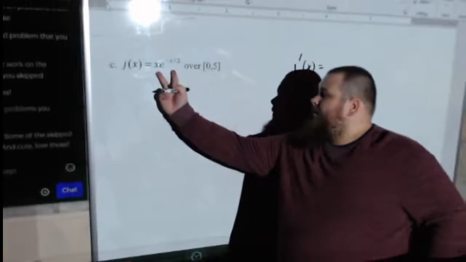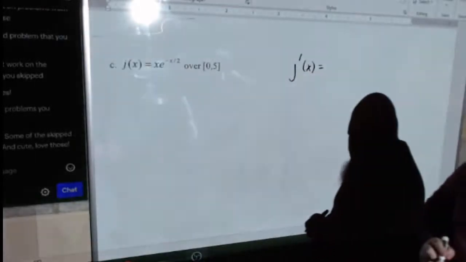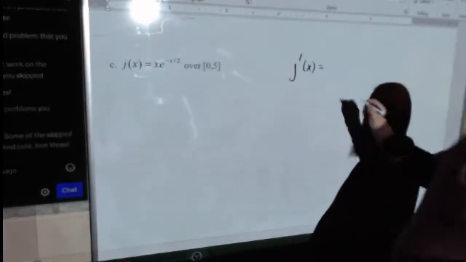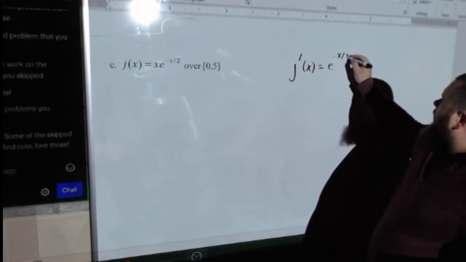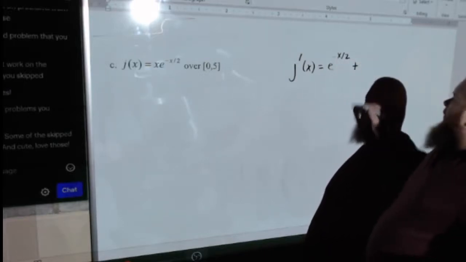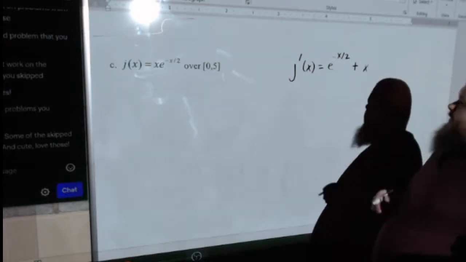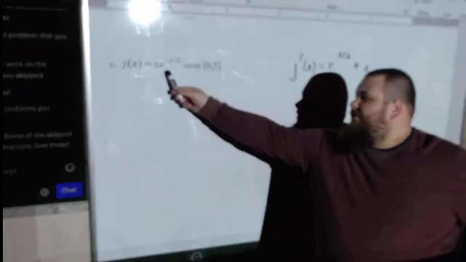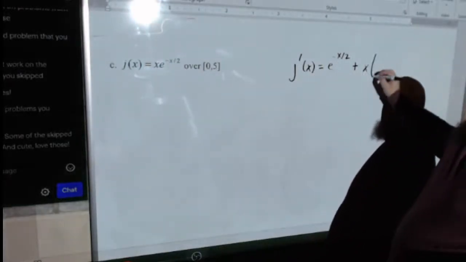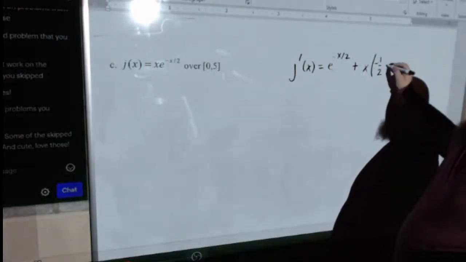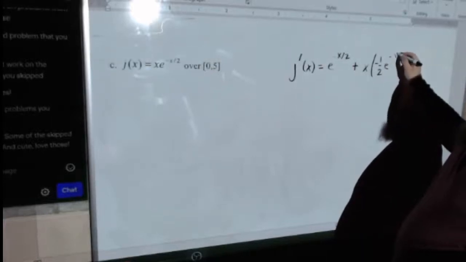This is a product. So I'm going to differentiate x, which gives me 1, plus, leave the x, derivative of e to the minus x over 2 is minus 1/2 e to the minus x over 2.